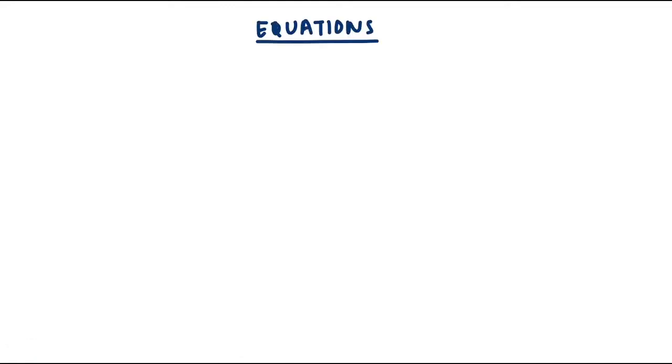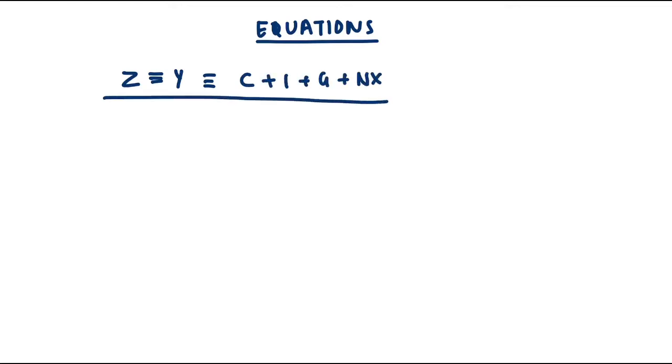Now, if you know how we represent equilibrium output in the goods market, you would know that there's an identity between total demand and production. And production comprises C plus I plus G plus NX. But for simplification purposes, let's avoid this right now and say that we are considering a closed economy.